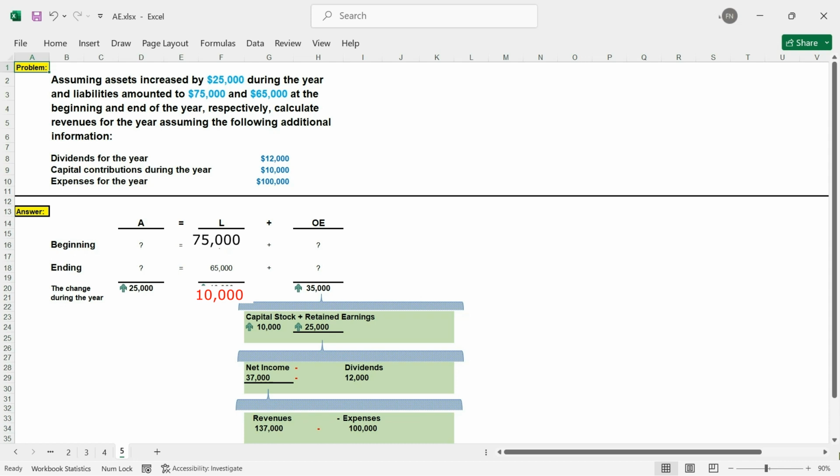And by the way, even though I have no information for owner's equity at the beginning or end, I can calculate the change in owner's equity, because if I know that total assets increased by $25,000, but liabilities decreased by $10,000, in order to make the change in assets equal the change in liabilities plus change in owner's equity, owner's equity must have increased by $35,000. An increase of 35 plus a decrease of 10 equals a net increase of $25,000.